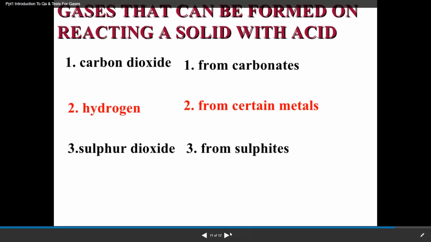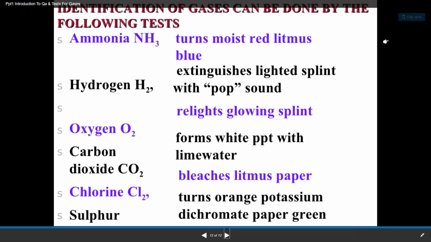By sulfides, I mean any compound that contains sulfide, like sodium sulfide, potassium sulfide, calcium sulfide, or magnesium sulfide. In a later lecture, I will brief you about what sulfides, carbonates, and nitrites are. Let's move on to the next slide.